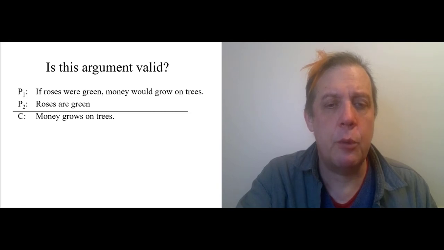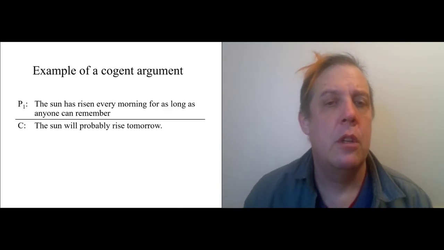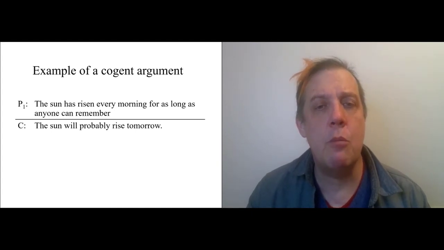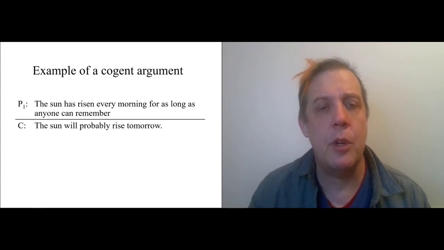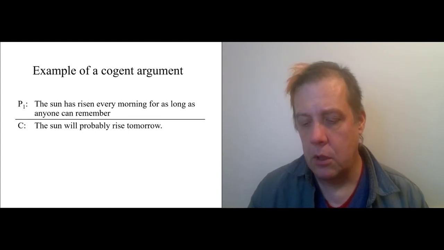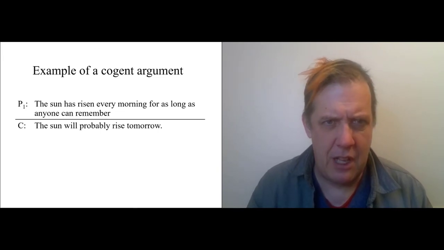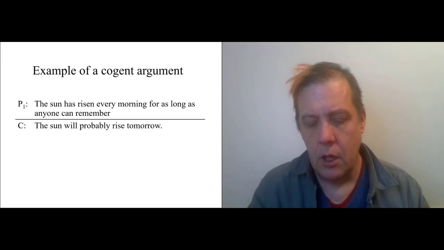All right, I'm going to leave you with one final argument. This one is cogent. The sun has risen every morning for as long as anyone can remember. Therefore, the sun will probably rise tomorrow. You may think of the sun will come up tomorrow as an absolute certainty.